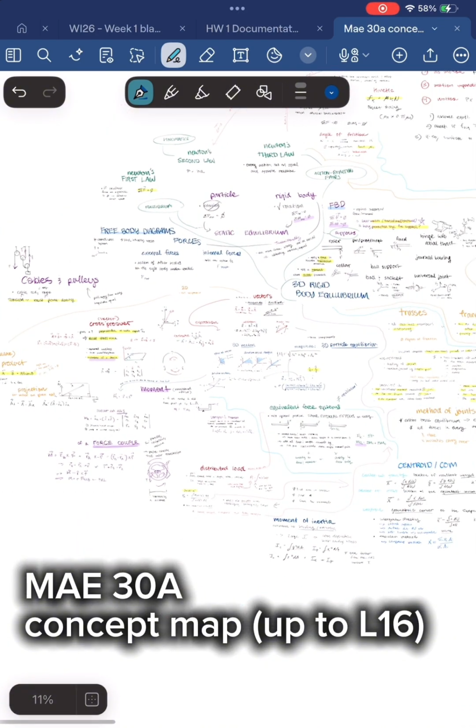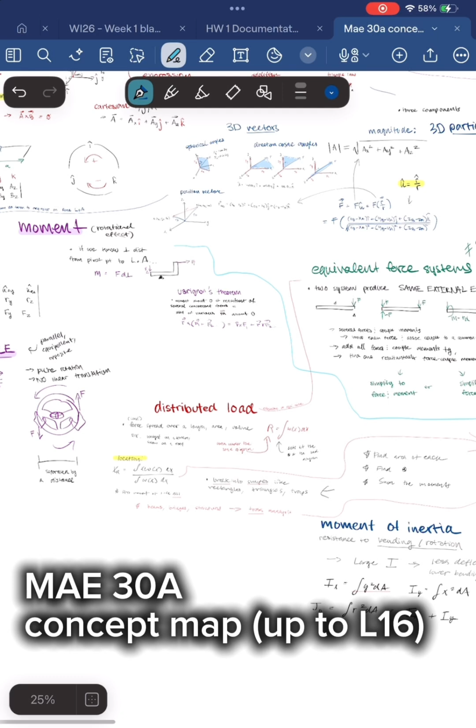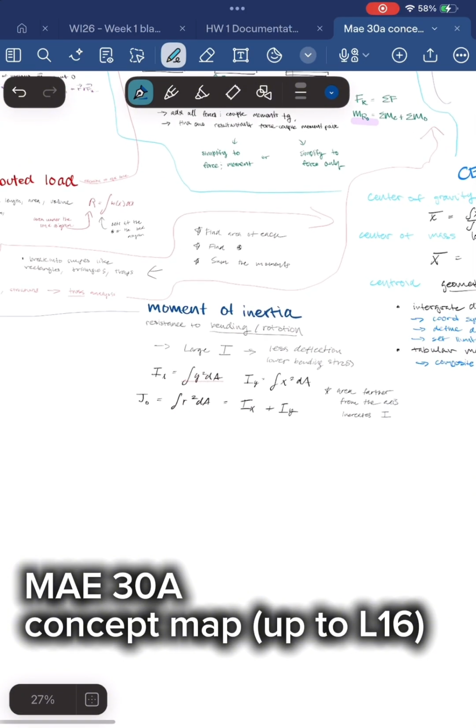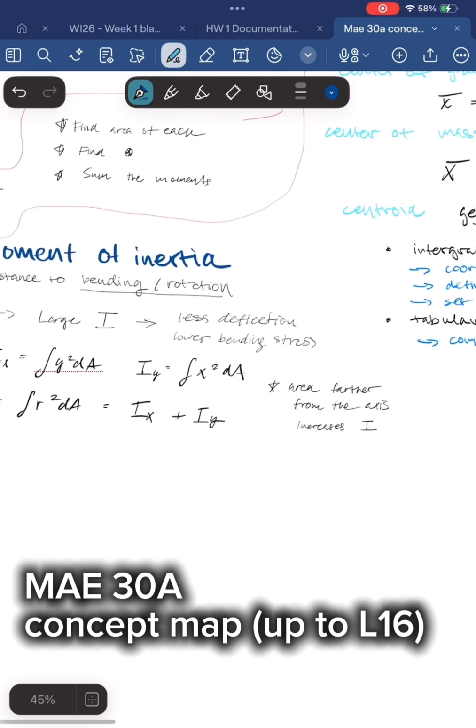It's right there, it's really close, that's convenient. Of course it's close to moment because moment and inertia are related, and both of these depend on distance from the axis.